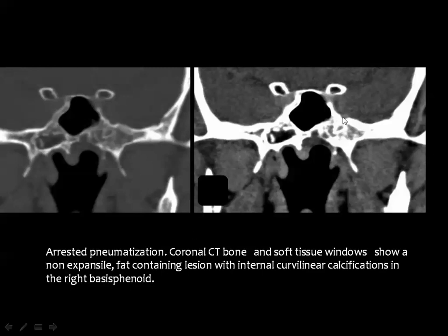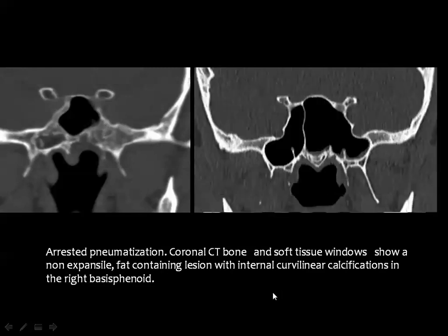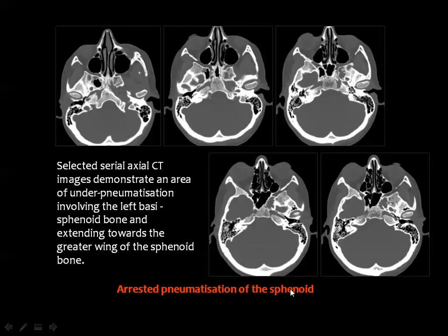There is bone marrow along the left side of the sphenoid sinus, but this is the normal appearance if complete pneumatization occurred. And here you can see arrested pneumatization, and this is the greater wing, the pterygoid blades, and also the left side of the sphenoid sinus.